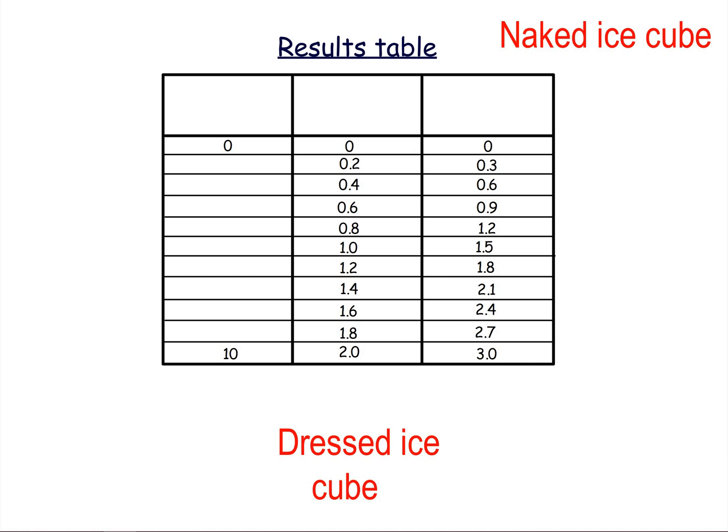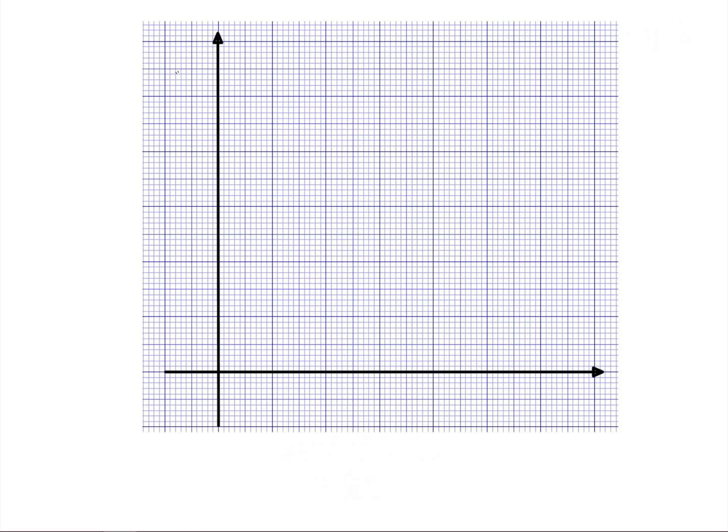Using these results, you should be able to draw a graph. The horizontal axis will be time in minutes, and that goes from 0 to 10. The vertical axis will be the volume of water collected, and the maximum value there is 3 centimetres cubed.